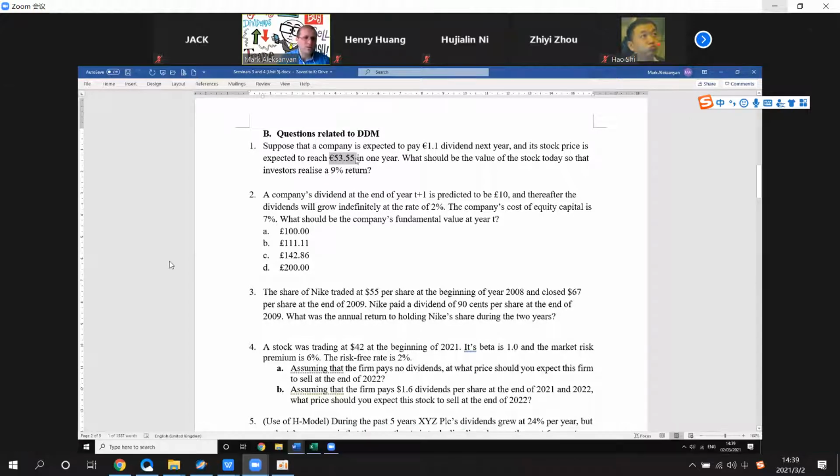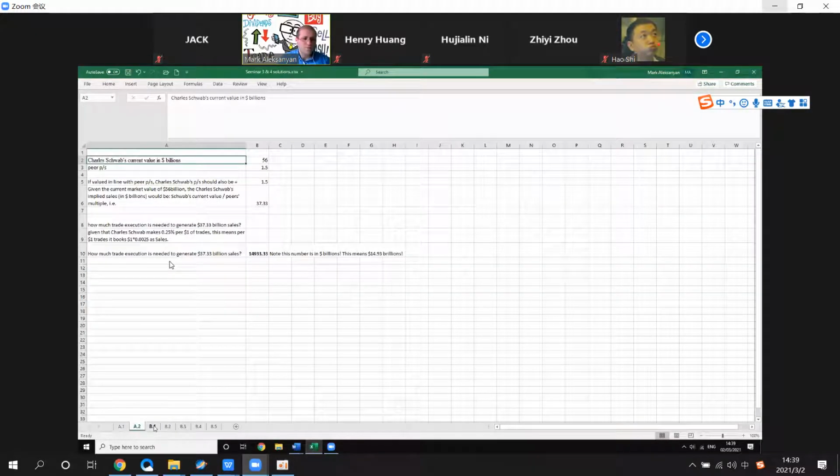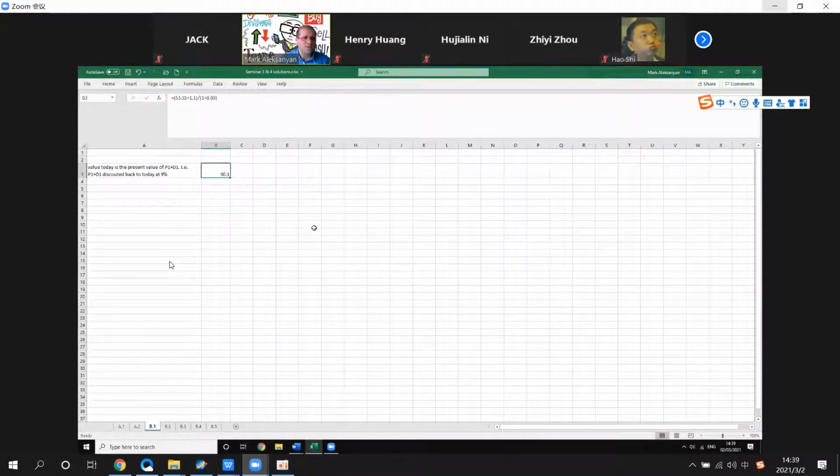The fair value as of today should be just the discounted value of your future dividends and your future price. That's it. So essentially 1.1 plus 53.55, discounted back over 1 year at 9%, which is 1.09. That would be your answer. The actual solution is just as short as this.